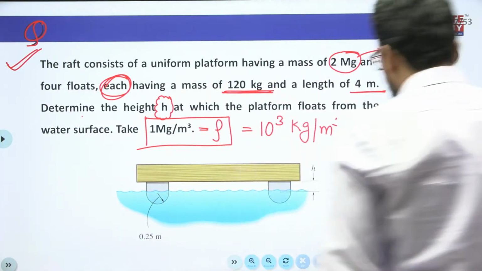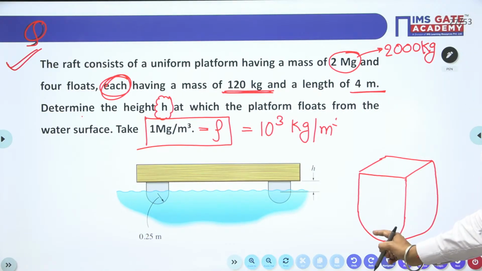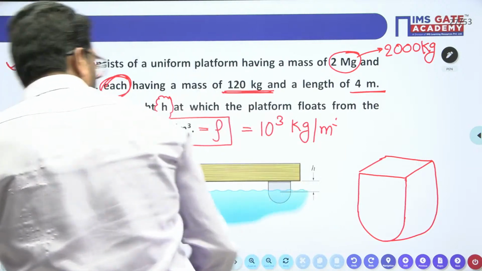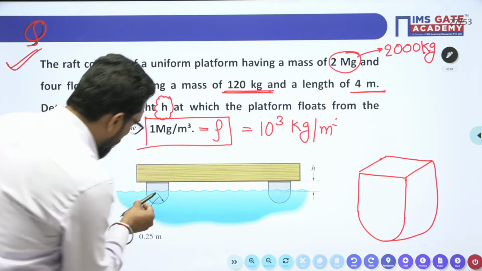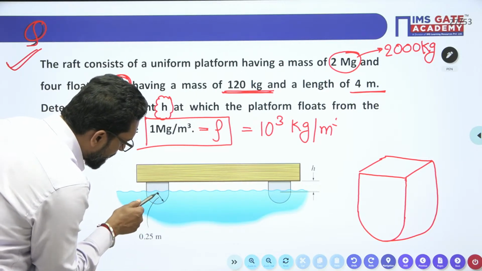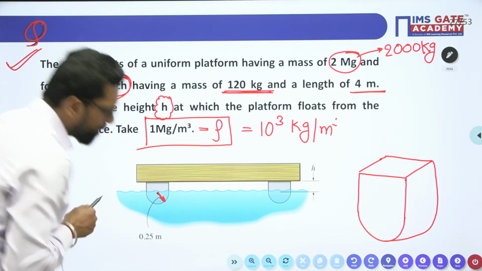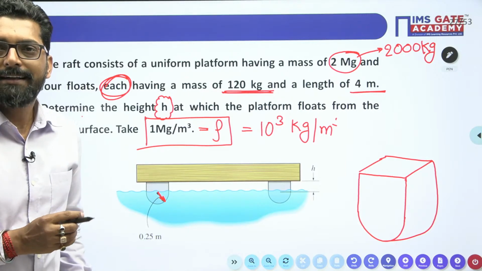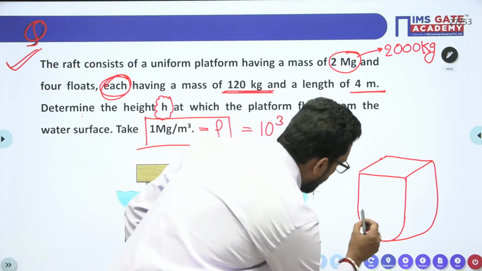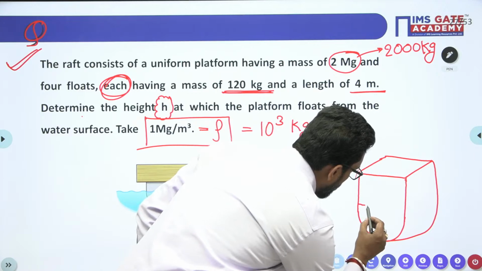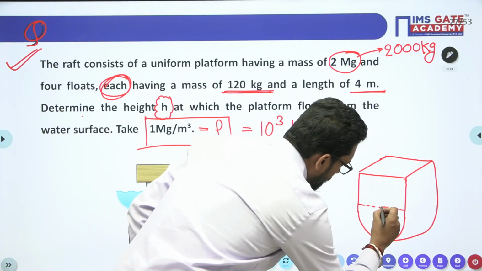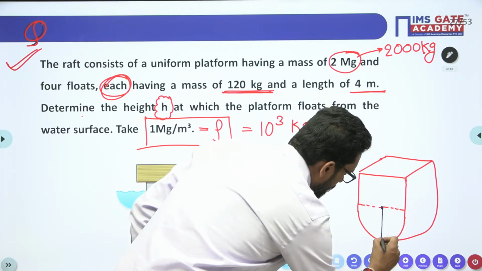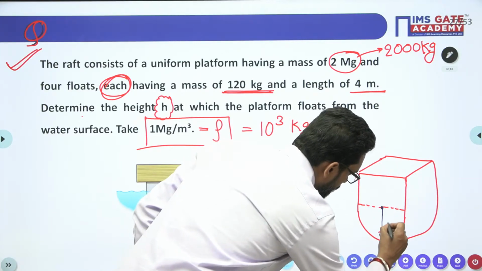Yes or not? This is the floats, and see, from the figure, some part is the semicircle. So if you draw a line, this is your semicircle.